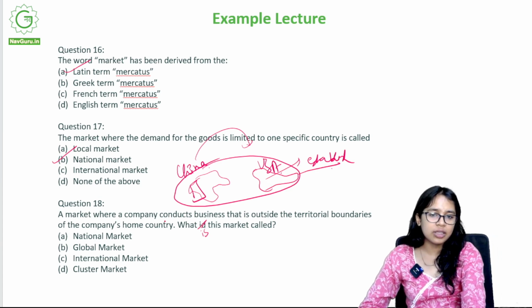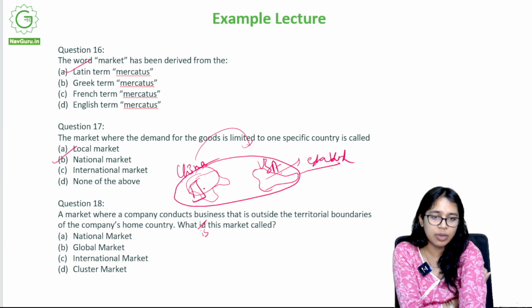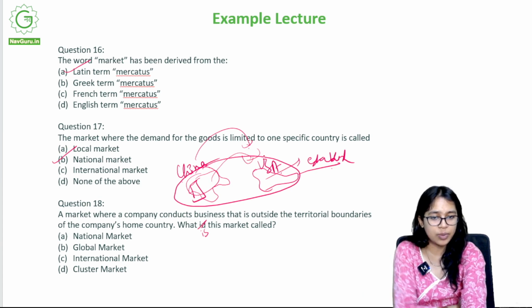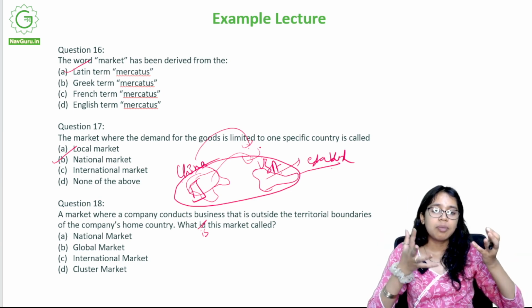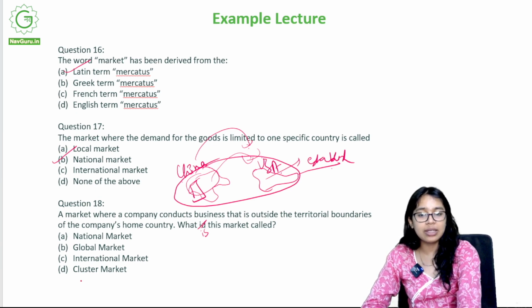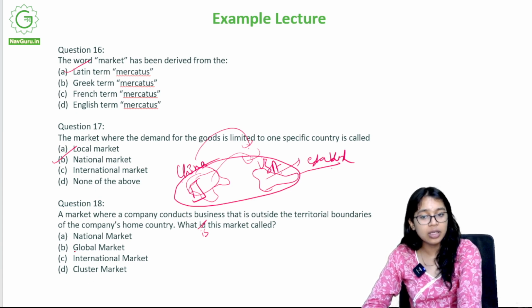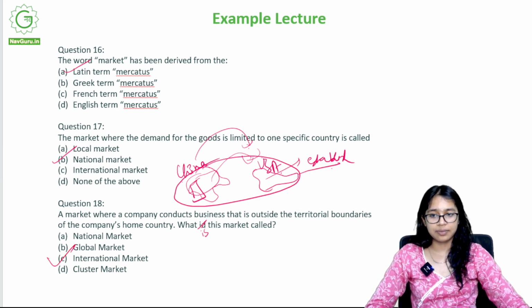So the company's home country is in China. So company from China wants to set up its industries or sell its goods in USA. So what is this market called? This market that comes into play, what is it called? Is it called A, national market, B, global market, C, international market or D, cluster market? The right answer is C, international market.